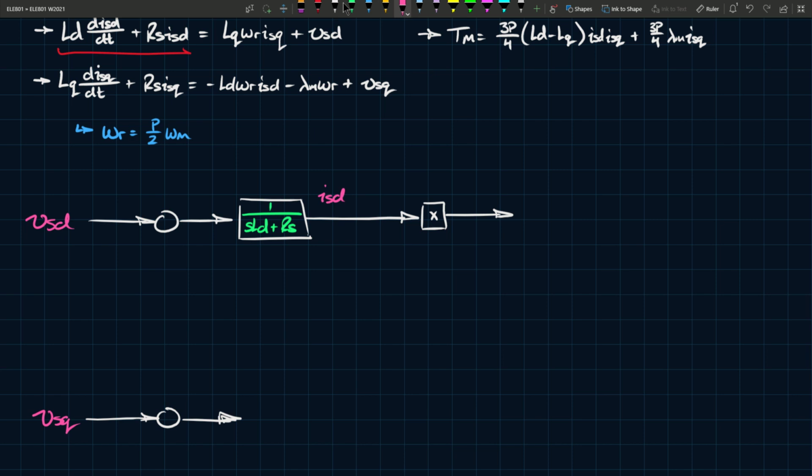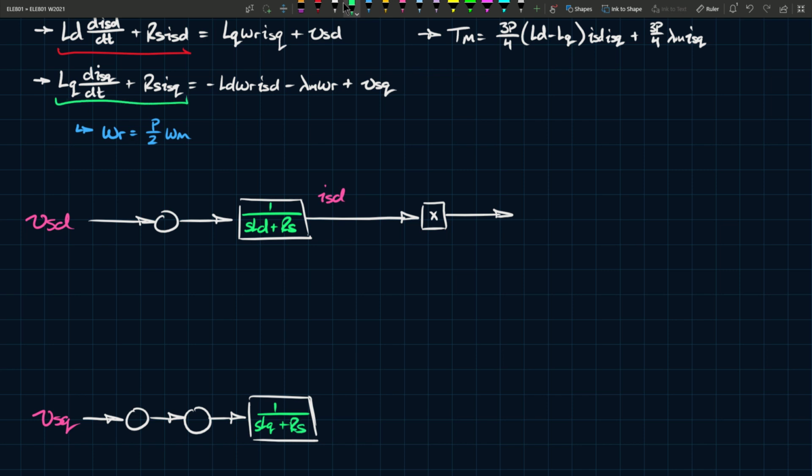Maybe we can move it further back because VSQ has an extra step, I think. We can have something like this, and this here will be 1 over SLQ plus RS, again coming from this equation here.